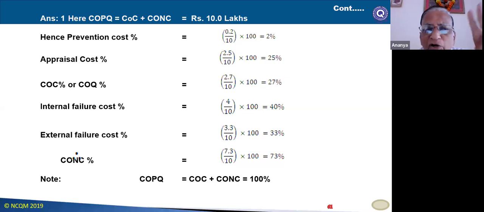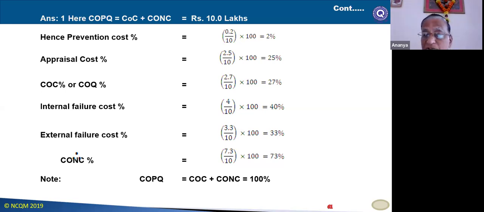So no problem. Appraisal cost 25%. So cost of quality 2.7, total 27%. Internal failure 40%. External failure 33. So total cost of non-conformance कितना हो गया, 40 plus 33, total 73 cost of non-conformance.